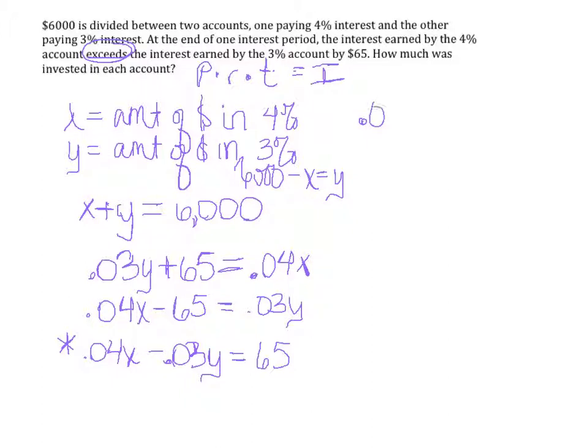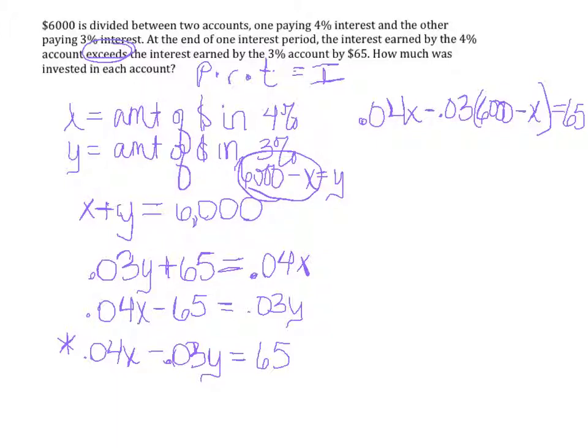So using that last equation I modeled, I have 4% x minus 3% times y, which I'm going to say is 6,000 minus x, has to equal the difference of $65.